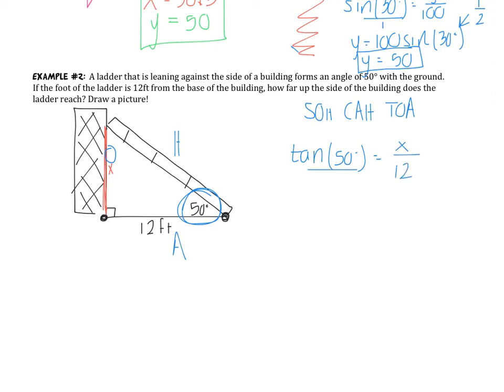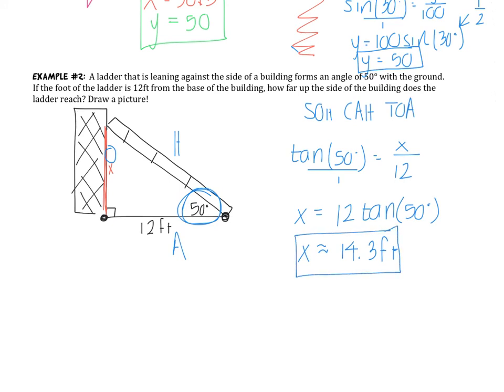Just like before, put this over 1, cross multiply, 12 tangent of 50. And when you type this in your calculator, you should get about 14.3 feet. So that is how high up the ladder reaches.